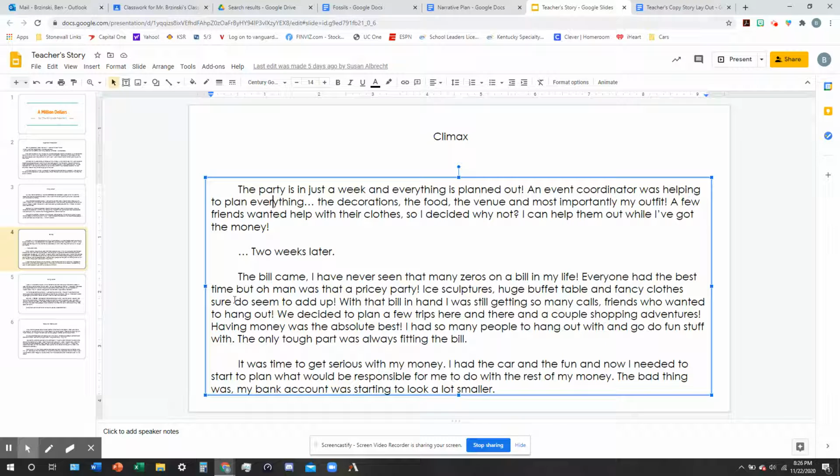And you can see that we've written about that, and by the end of this chapter, we get the sense that the character is faced with this problem. They needed to start to get a lot more serious with their money, be more responsible with it. And the bad thing was that their bank account was starting to look a lot smaller, right? So they're having this issue that they're presented with.